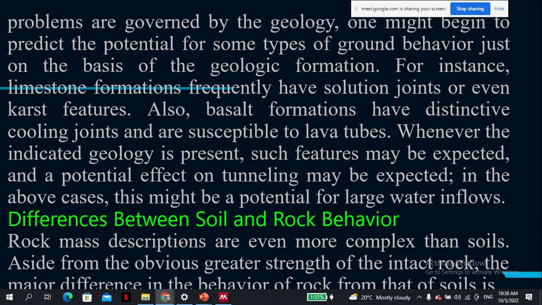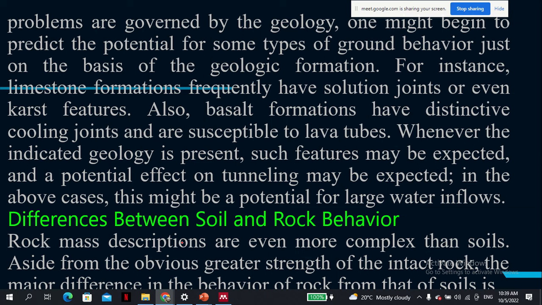However, for rock, the behavior of intact rock is different from what you call a rock mass. The rock mass could consist of many other things, because when you sample, probably you just sample a limited area. First you check whether it's continuous.